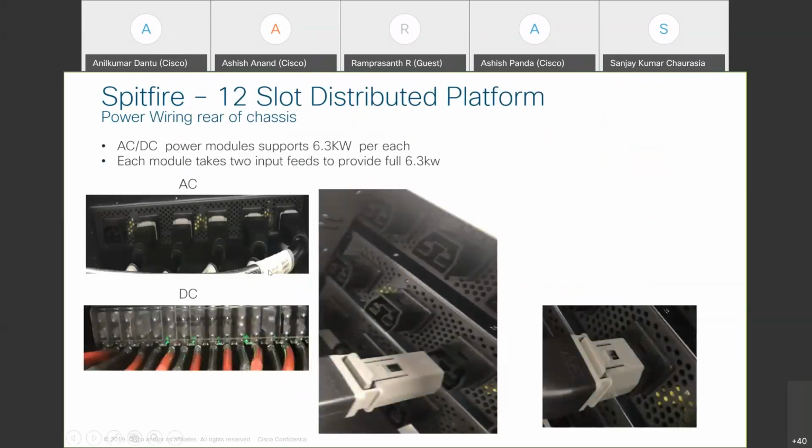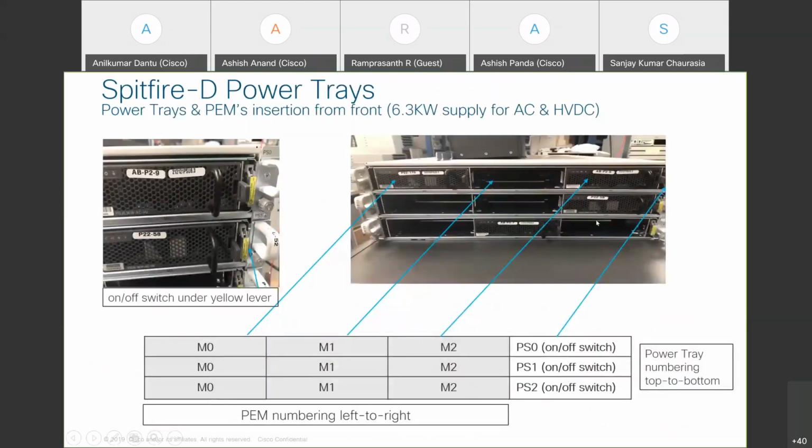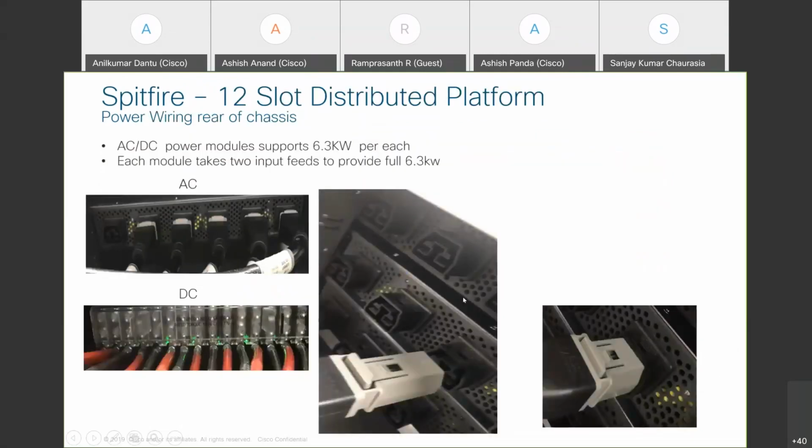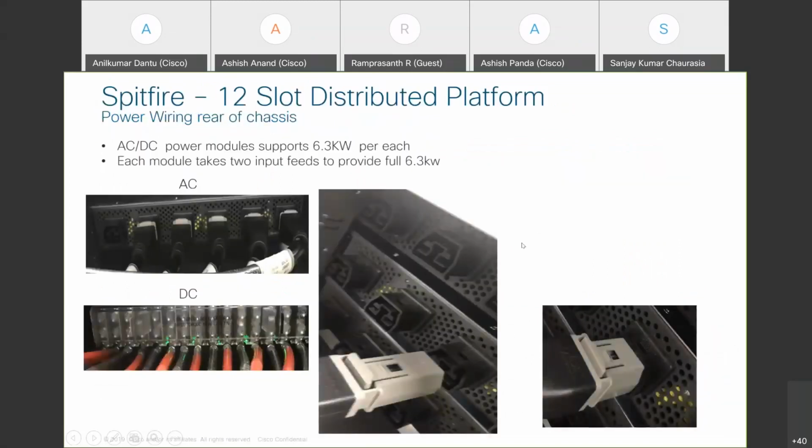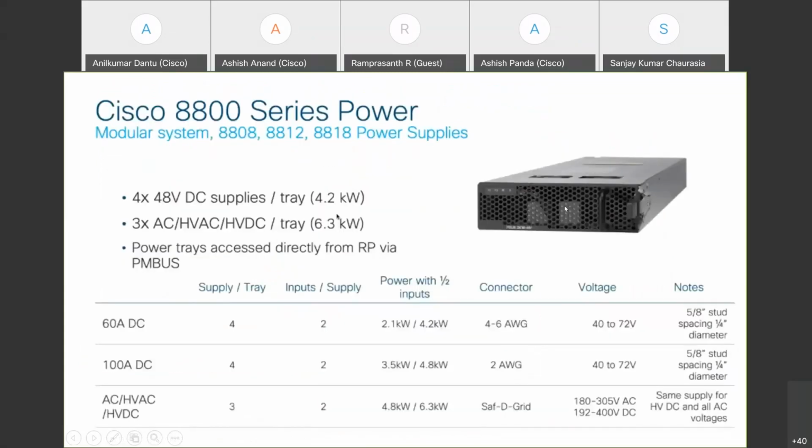And this is the back side of the power module. On the front side, you insert your power module, while on the back side of the chassis, you connect the power cords. This is the power module, the one which is inside this tray. Each of these power modules can take 2 inputs, so you can have redundancy with regard to inputs to a power module.